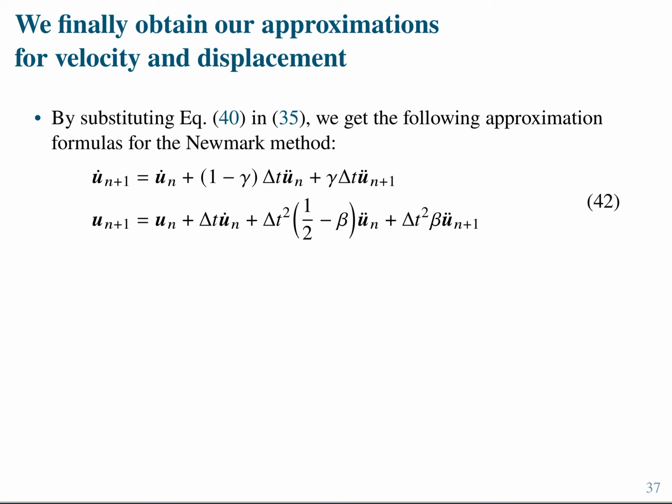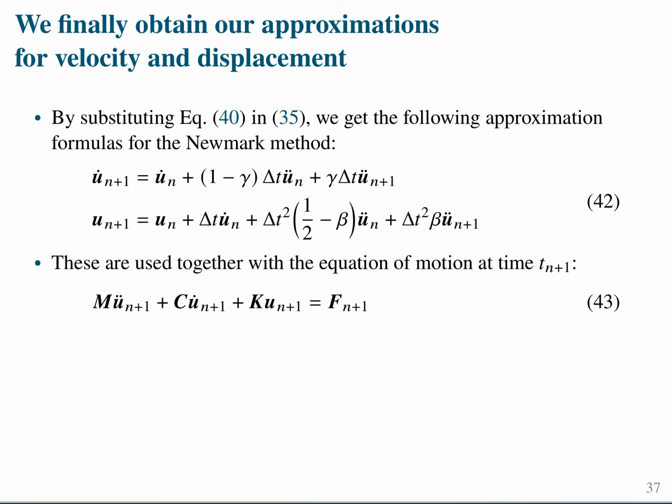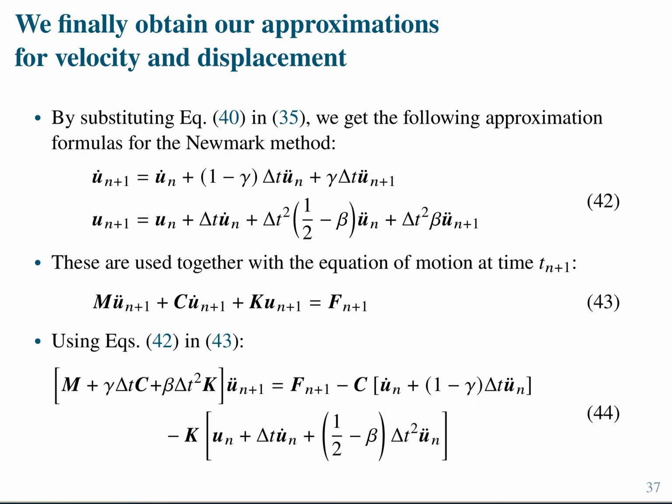But now that we have an equation for the displacement at n plus 1, and an equation for the velocity at n plus 1, combined with the dynamical equilibrium equation that has displacement, velocity, and acceleration, now we have three equations with three unknowns, okay? When you plug that back, you can reorganize terms here and there.